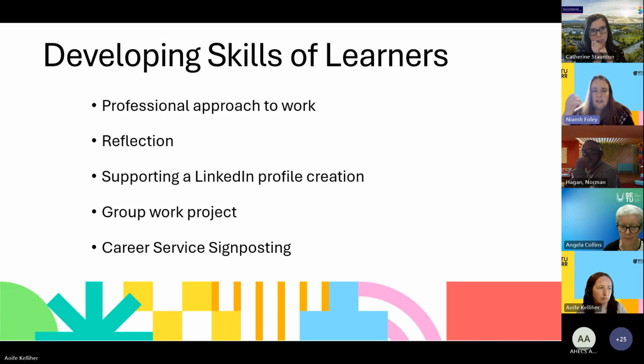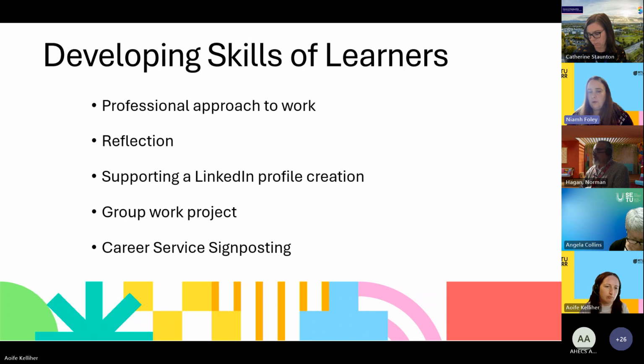So things like supporting a LinkedIn profile, group work, and I suppose career service signposting is so important, ensuring and encouraging students to liaise with the career section of their institutions, because there's some great work that's going on within that, and collaborations that Aoife will talk about later on with fellowships, student leaders. So I suppose that's an important thing.